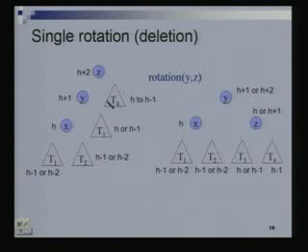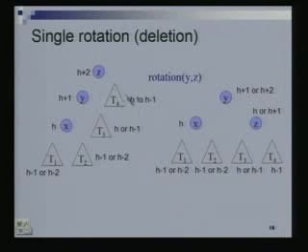See, just as I assumed here that its height went from h to h minus 1, now the height of this whole tree would have gone from h plus 2 to h plus 1. So we will have to continue the argument as we go up. Everyone follows this? Yeah?